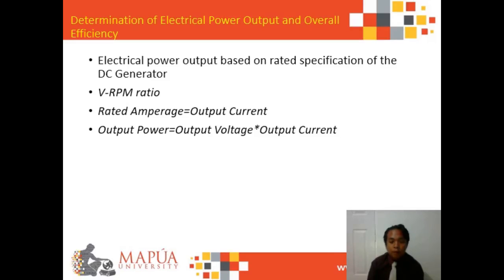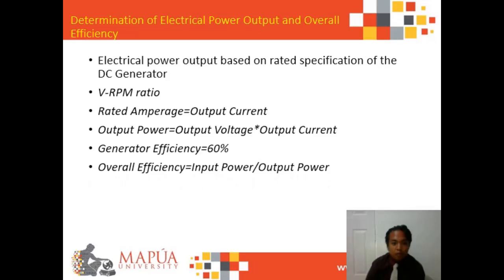The output power was computed using the output voltage and the output current. The datasheet provided that it has 60% efficiency. The overall efficiency is the output power over the input power.